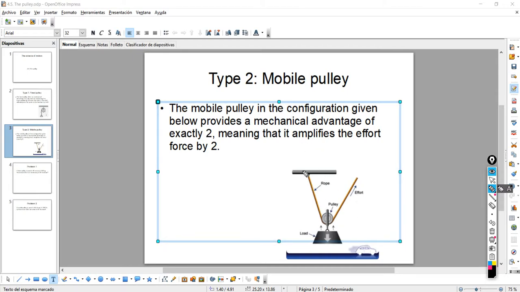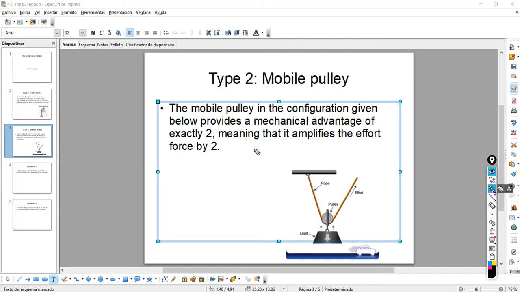In this configuration, when you have the ceiling and then a rope and then the pulley right here attached to the load, and the effort is applied in this direction, try to memorize this configuration. When the configuration is exactly like this, then this pulley will offer a mechanical advantage of 2.